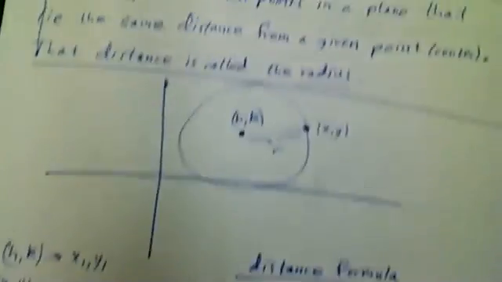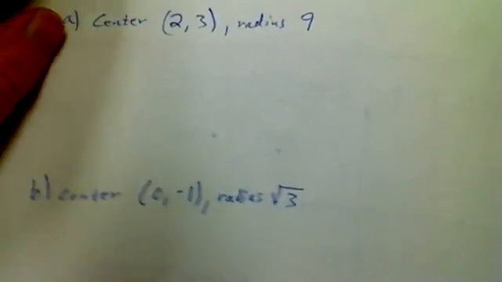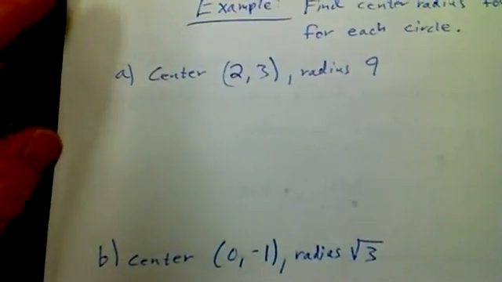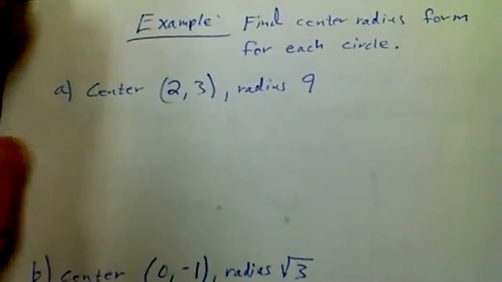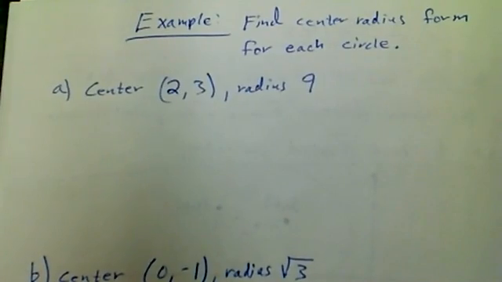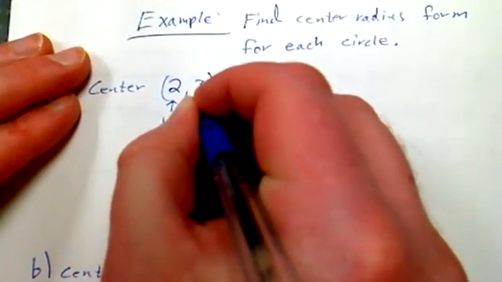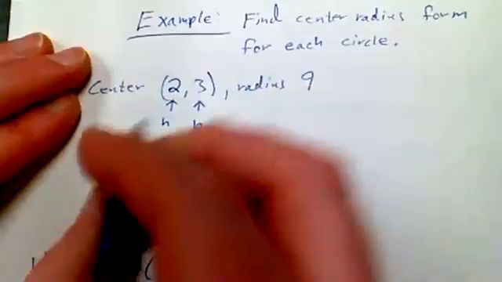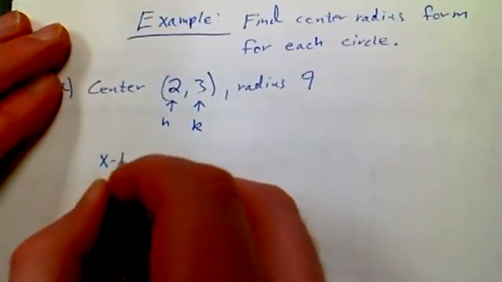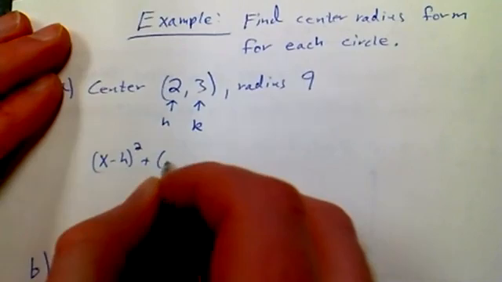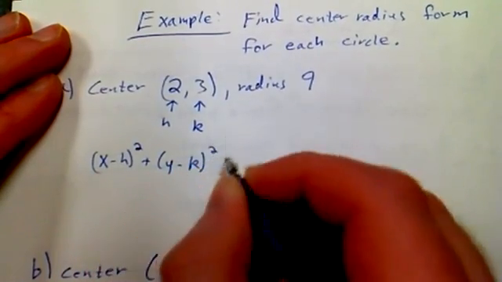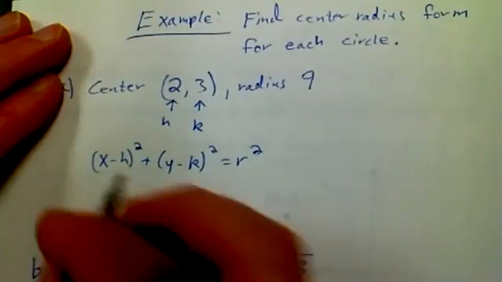So just to look at a few quick examples of this center-radius form, find the center-radius form for each circle. In this example, they say center (2, 3), radius 9. So 2 is my h, 3 is my k. And I'm going to remember that, oh yeah, it's (x minus h) squared plus (y minus k) squared is equal to r squared.